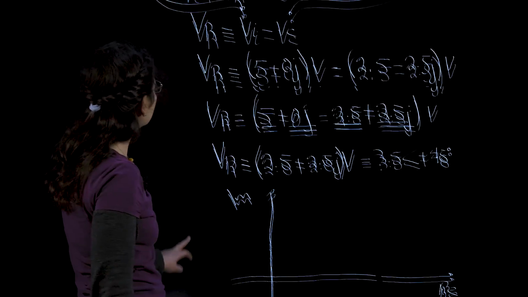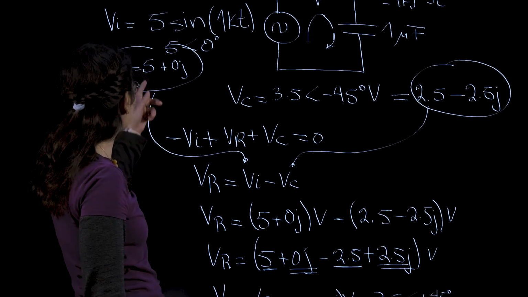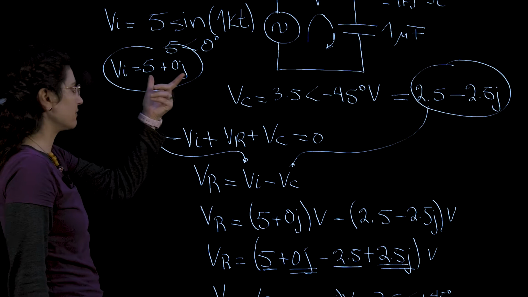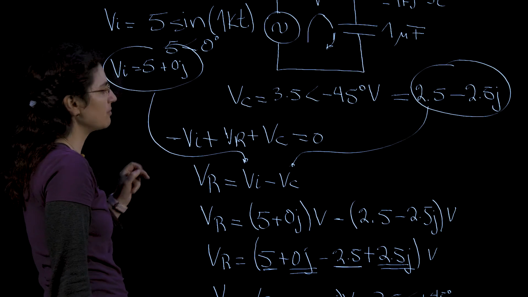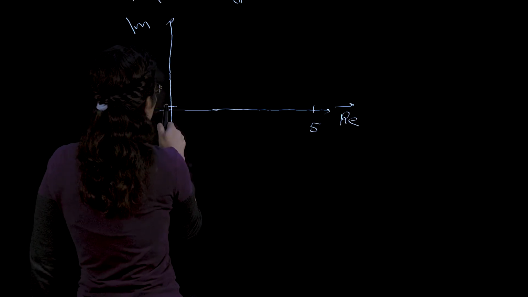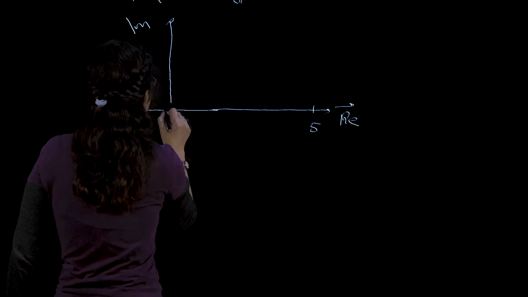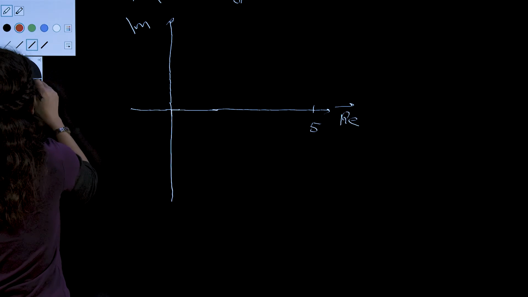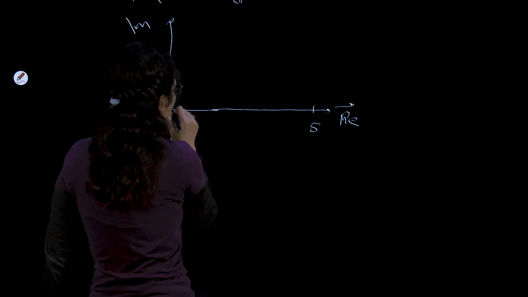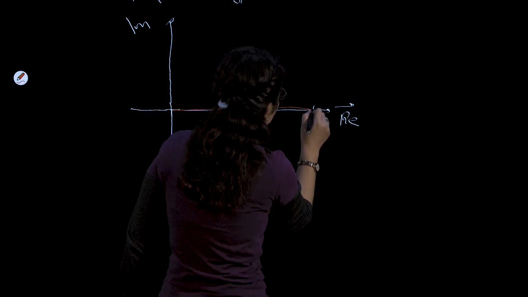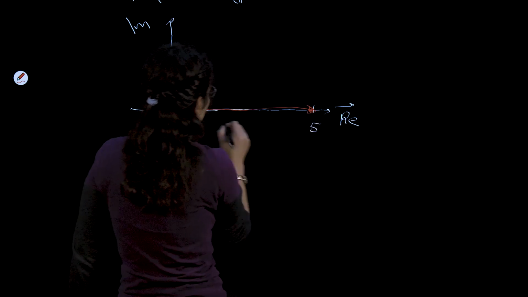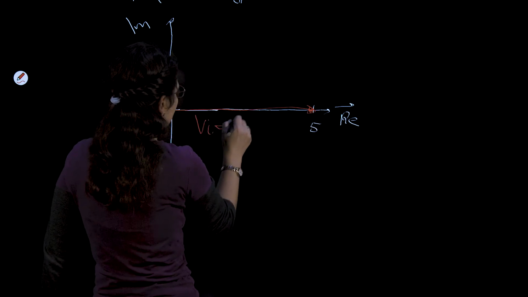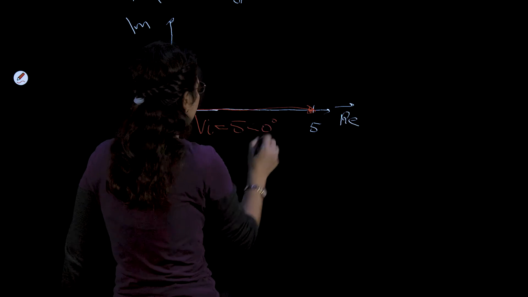Our voltage source has a magnitude of 5 volts, so 5 in real and 0 imaginary. So I just draw a vector. I'm going to put them in different colors so that we can see. Let's put our input voltage in red. So my input voltage is a vector here, which is 5 at 0 degrees.